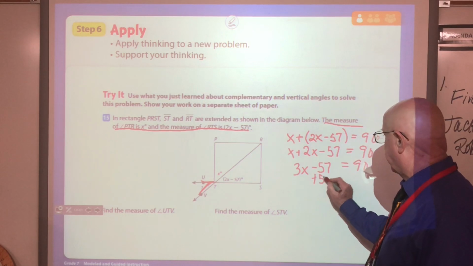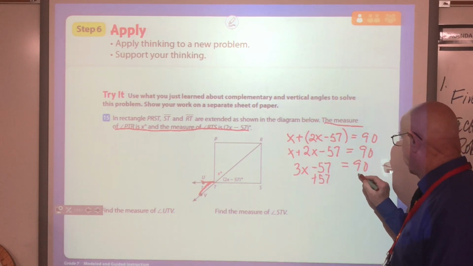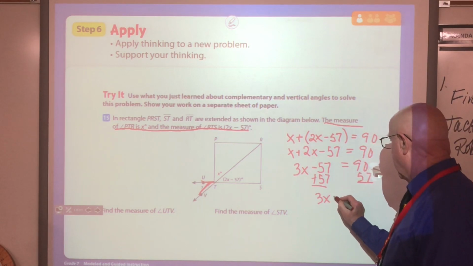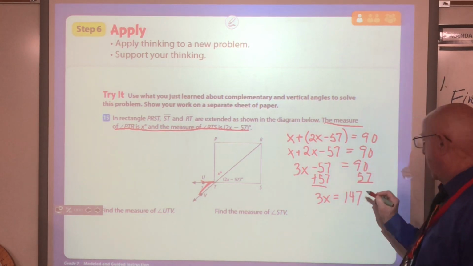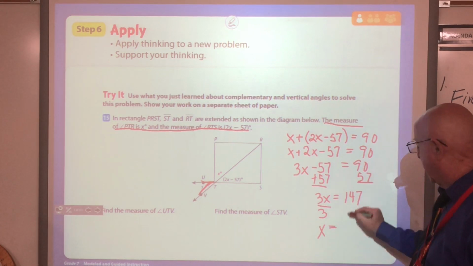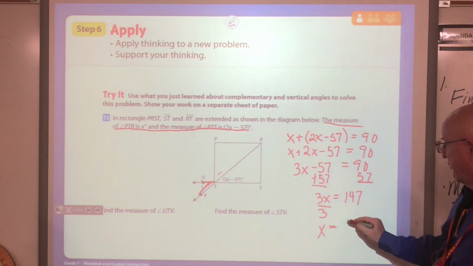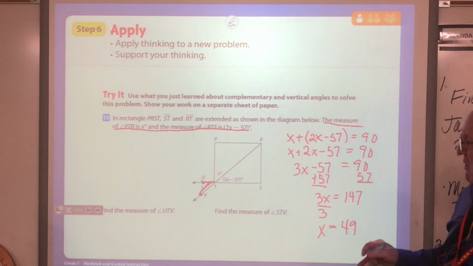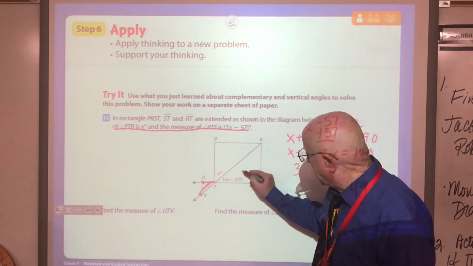Add 57 to both sides so we can isolate the variable to one side, and we get 3X is equal to 147. Divide by 3 to get X by itself, and we get X is equal to 49 degrees.